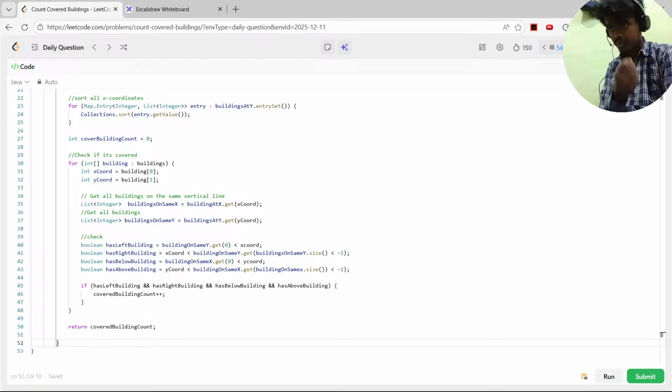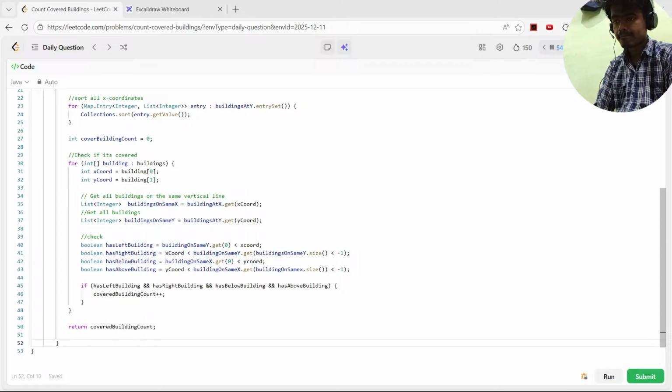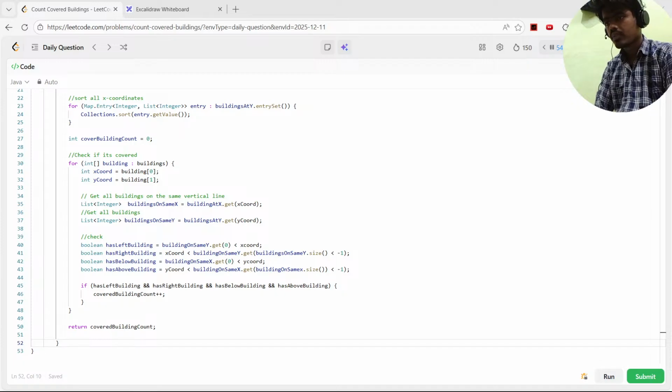Right. So the time complexity is O(n log n), where n is the number of buildings, right?